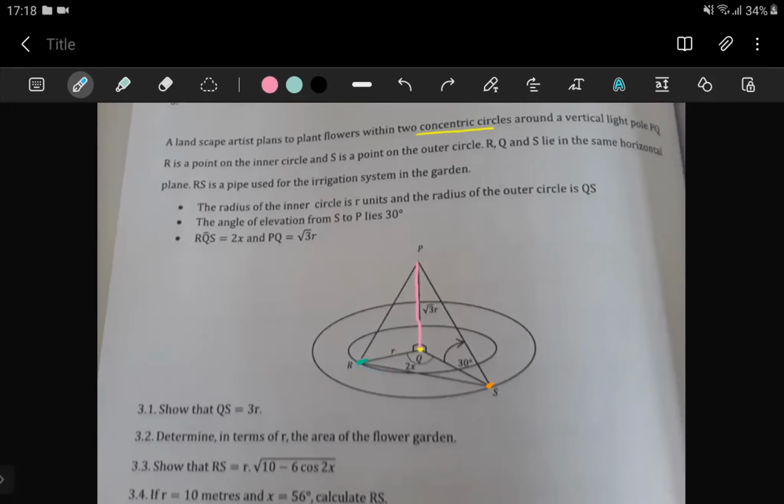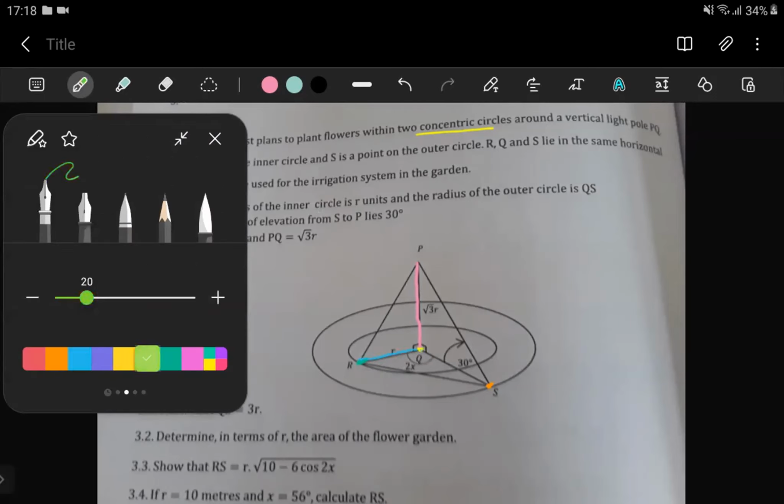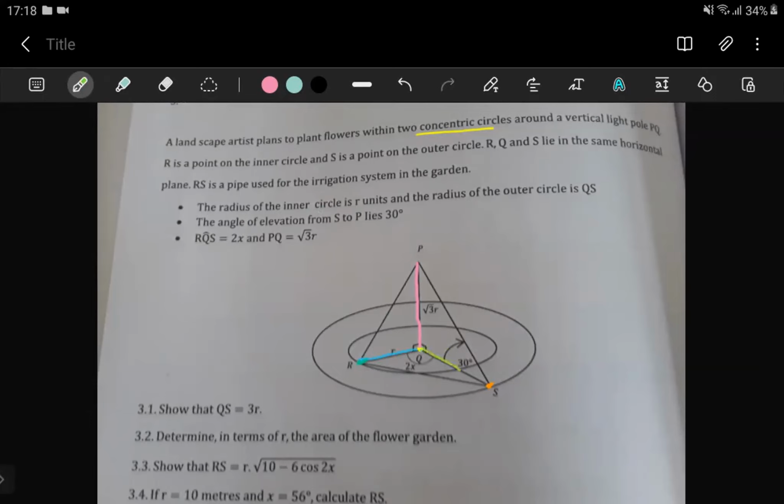So for example, here they say the radius of the inner circle is R units. So already the radius here is R units, right? And then they say the radius of the outer circle is QS. So we have QS over there. We can give a different color, green. So all this being said, they said here the angle of elevation from S to P is 30.